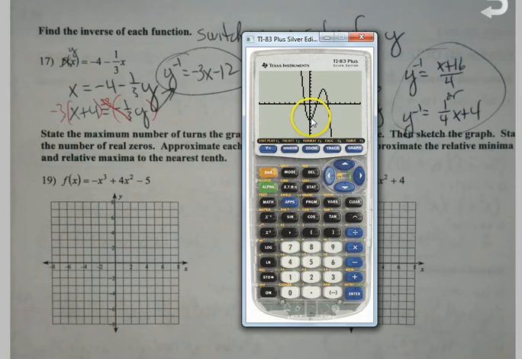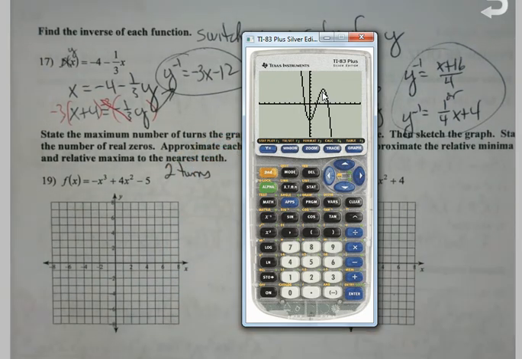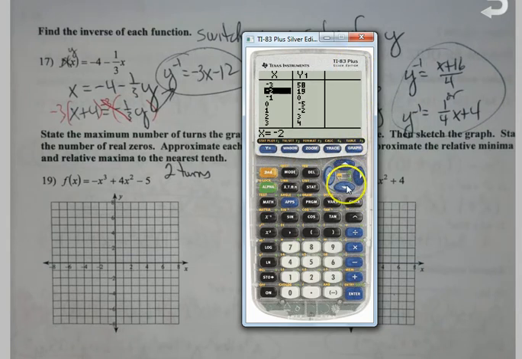So it looks like I'm going to have 2 turns, okay? Because basically that just means how many mins and maxes am I going to have. So I have 2 turns. So then it says go ahead and sketch the graph. Well, I want to be somewhat accurate here.